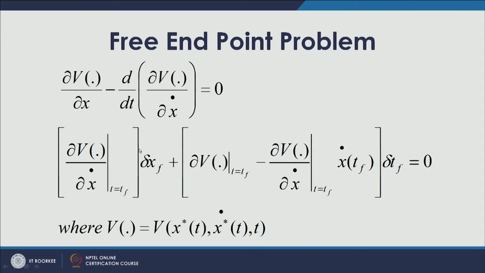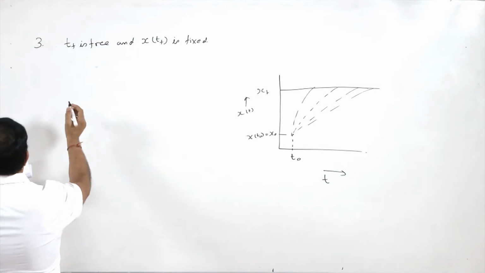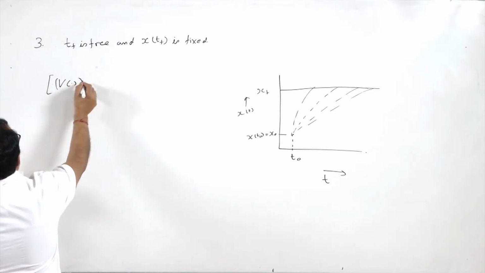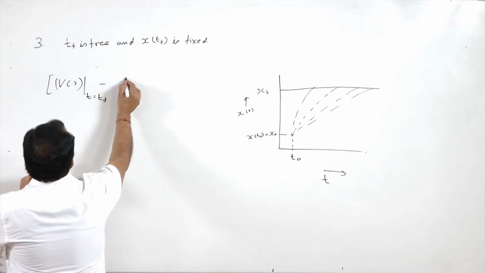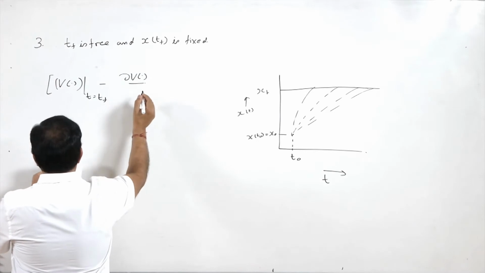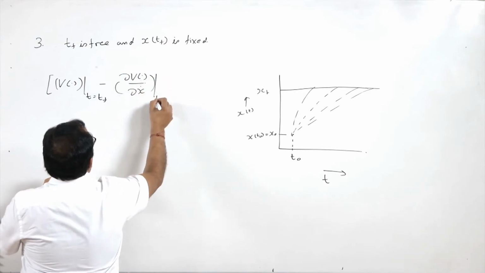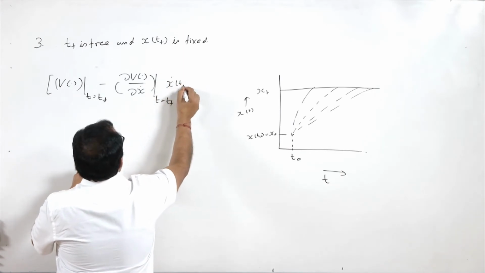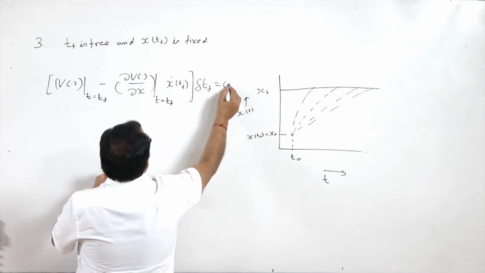If delta xf is 0, then in this case my first term will become 0 and my terminal condition will be v dot, which we are evaluating at t equal to tf, minus del v by del x dot, again evaluated at t equal to tf, times x dot of tf, times delta tf equal to 0.